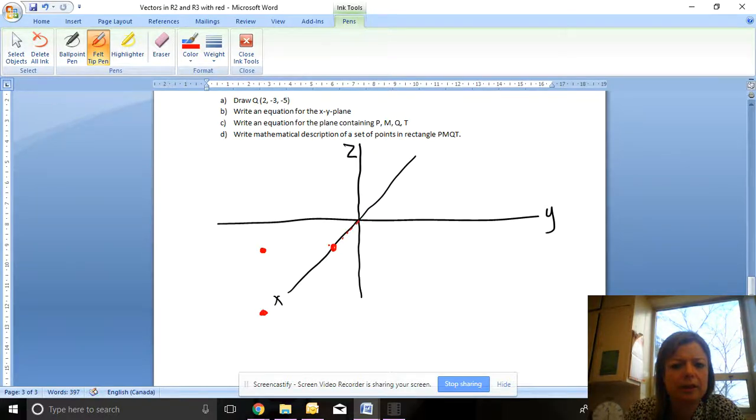Okay, so here's, in this case, the top of the box. So our vector is going down and across. So we would have a front of the box here, a side of the box here.